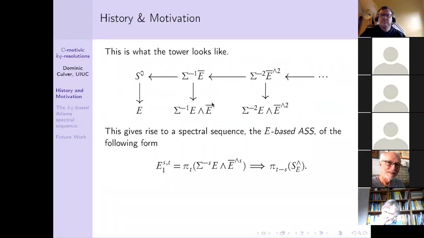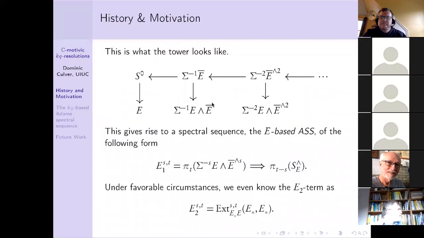The abutment of the spectral sequence is the homotopy groups of something called the E nilpotent completion of S, which very often does coincide with the Bousfield localization, and very often you can describe what that is. But this is the general form of the spectral sequence.